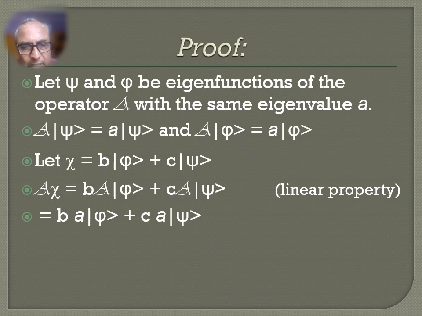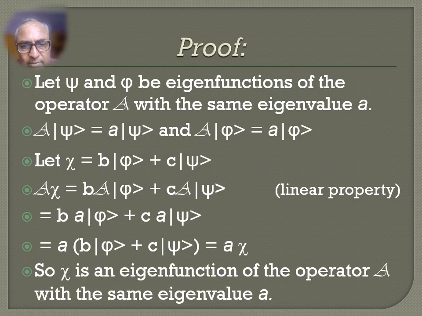We can take a common to write this as small a times (b times phi ket plus c times psi ket), which is just small a times chi. Therefore, we see that A operating on chi gives small a times chi. So chi is an eigenfunction of the operator A with the same eigenvalue a.